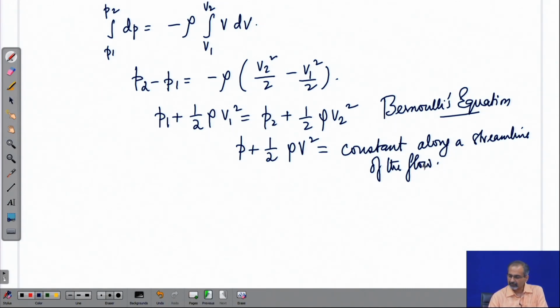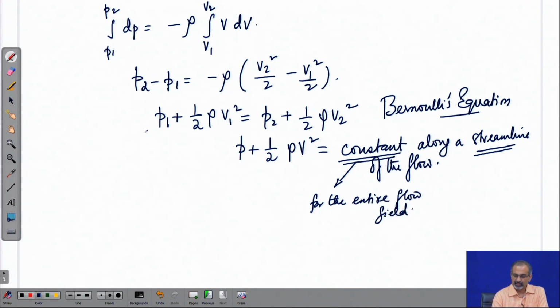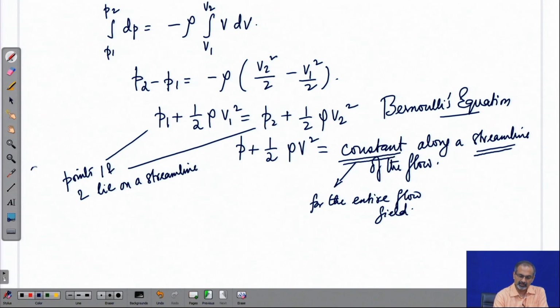Now, for rotational flows, it is a constant as long as you follow a streamline. However, for irrotational flows, the constant holds good for the entire flow field, which means for rotational flows, the points 1 and 2 lie on a streamline in order that this equation is applicable between the 2 points.